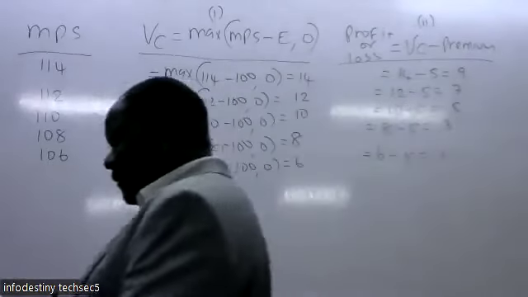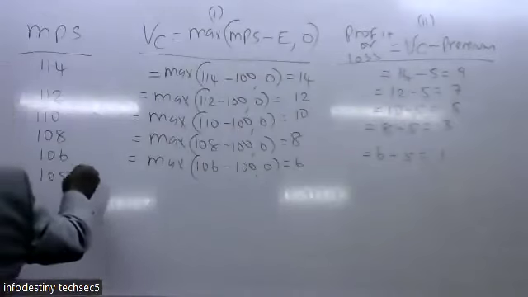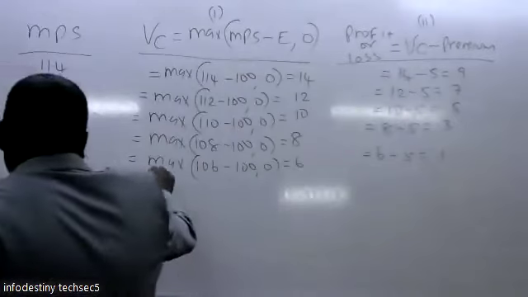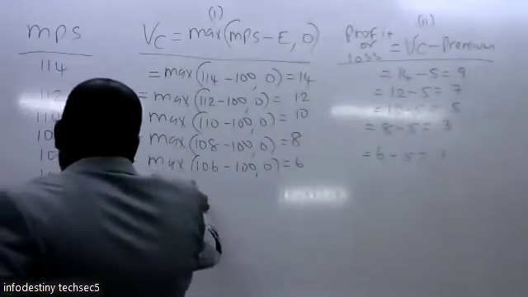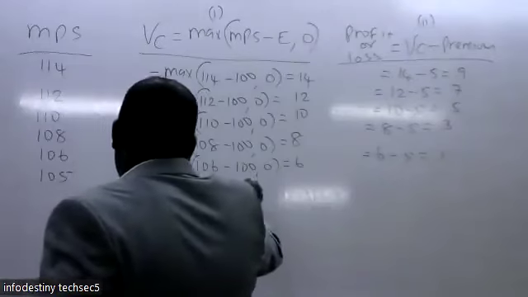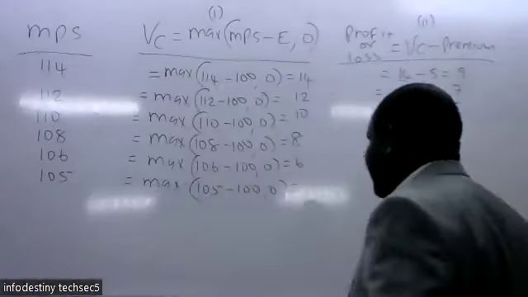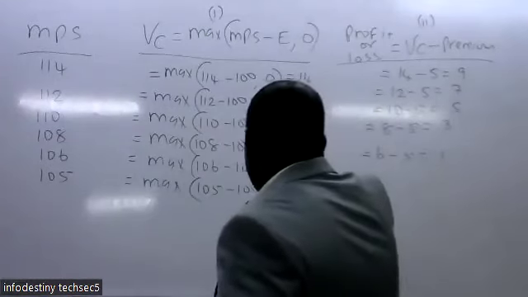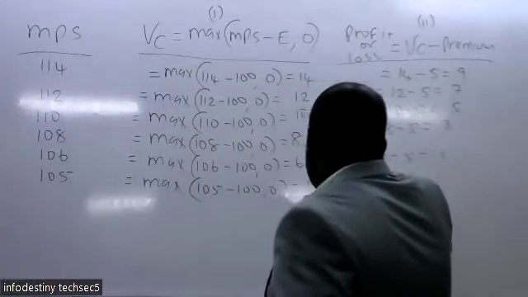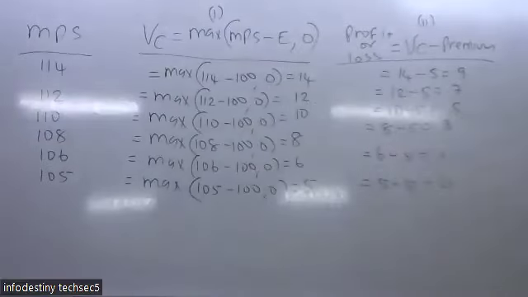The next price is 105. The next price is meant to be 105. Also maximum. Then 105 minus 100. So this one should be 5. Also 5 minus 5, so we get a 0.